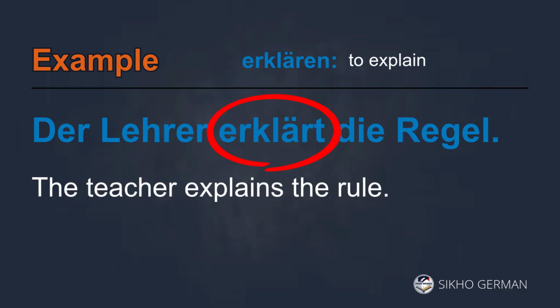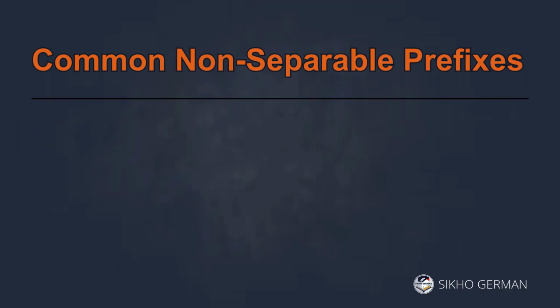The prefix stays attached. You can memorize the prefixes to know if a verb stays together. Here are the common non-separable prefixes: be, ver, ge, ent, and zer. If you see these at the start of a verb, never split them.